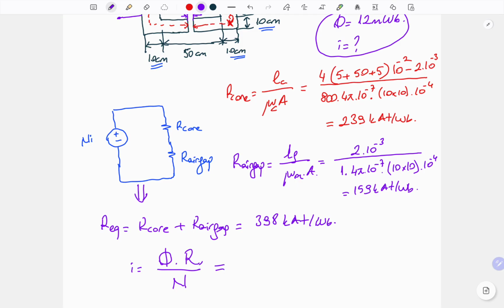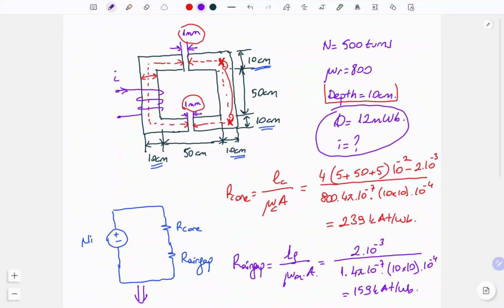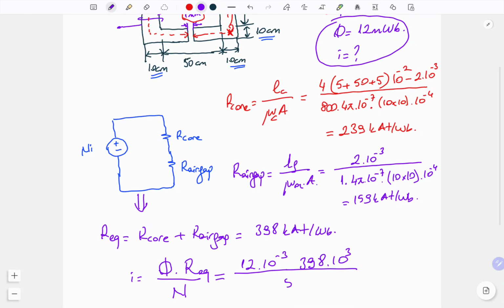The flux is 12 milliweber, times our calculated total reluctance 398,000, divided by N, 500 turns. So we need 9.55 amperes to be able to obtain 12 milliweber inside the core.